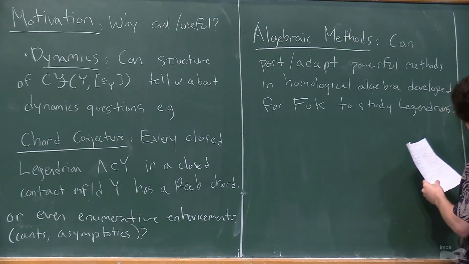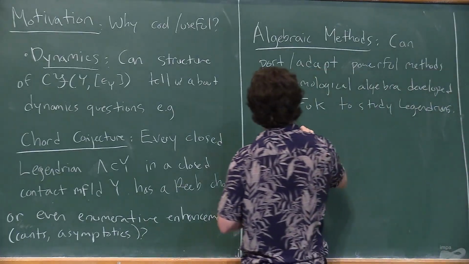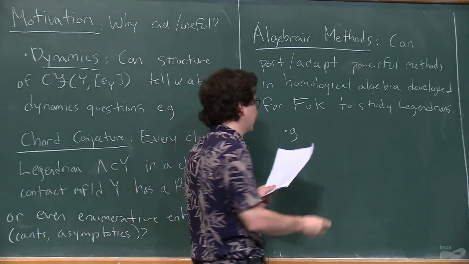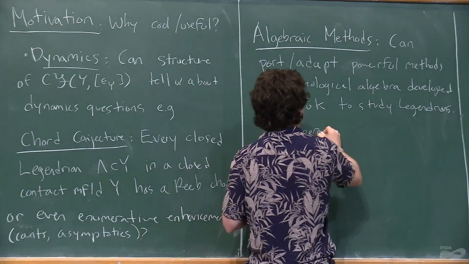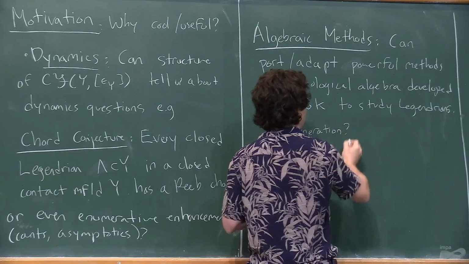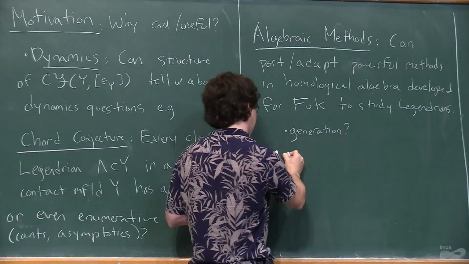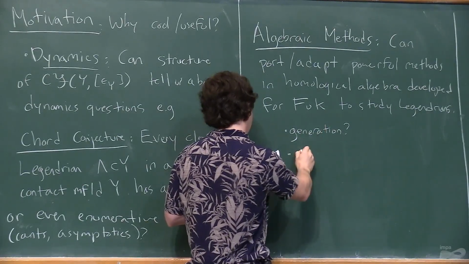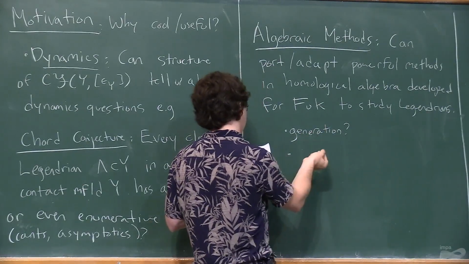So for instance, there are lots of structural questions you could ask about this kind of category, and all of them have corresponding questions in wrapped Floer theory, the wrapped Fukaya category, and the regular Fukaya category. For instance, you can ask about generation.